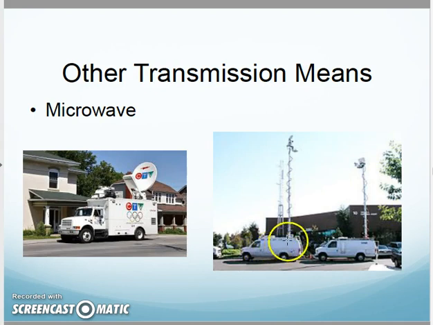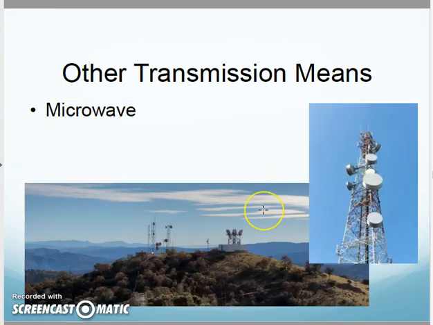They'll set this truck up, take the boom up, that way it gets above trees and buildings. They aim this dish at a tower that's on a mountain somewhere nearby, and hits one of these microwave dishes, and then this can turn around and rebroadcast over the mountain back to a television studio, back to the home studio, if you will.